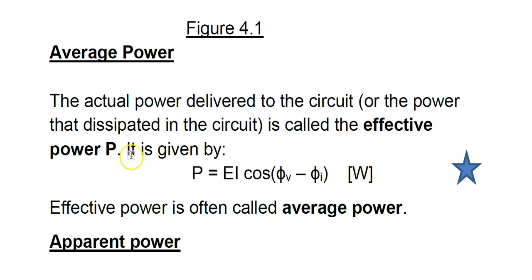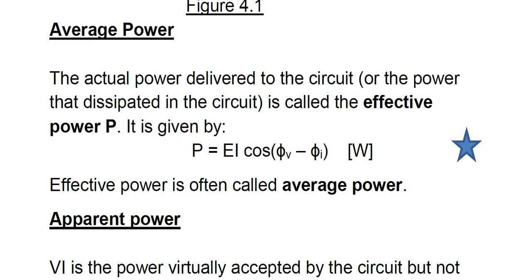We refer to this as the effective power, P, or sometimes we call this average power. Now, this is basically the power that is effectively converted from electrical to another kind of power.